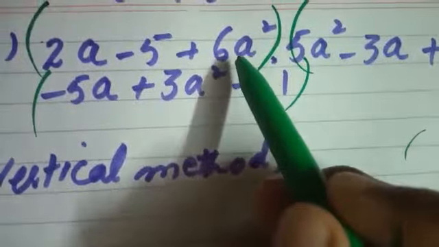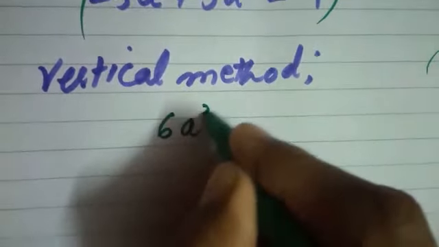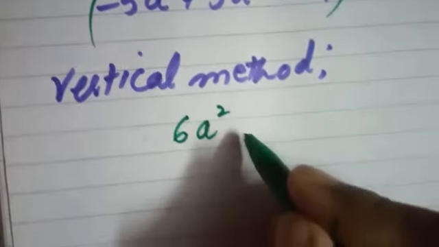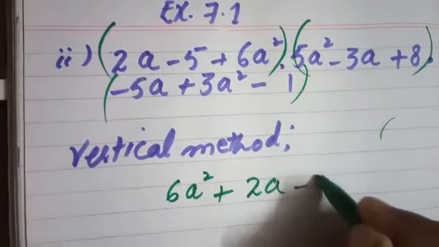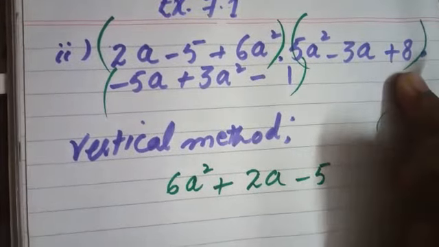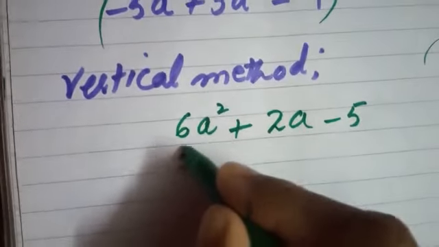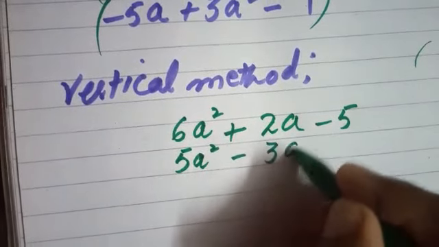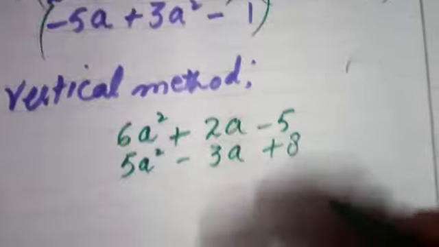First of all, I have to write 6a square, then power 1 is plus 2a and the third is minus 5. Now check the second: 5a square minus 3a and plus 8.